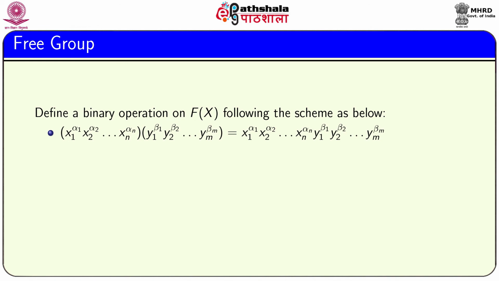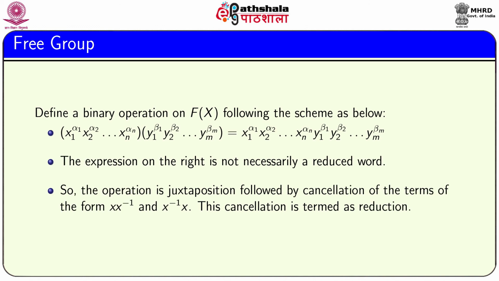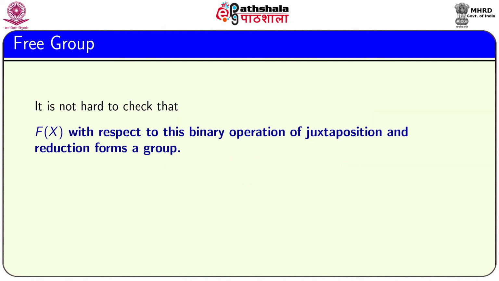We define a binary operation on F(X) following this scheme: we take two words. The operation is juxtaposition followed by cancellation of the terms of the form x x to the power minus 1 and x to the power minus 1 x. This cancellation is termed as reduction. It is not hard to check that F(X) with respect to this binary operation of juxtaposition and reduction forms a group.